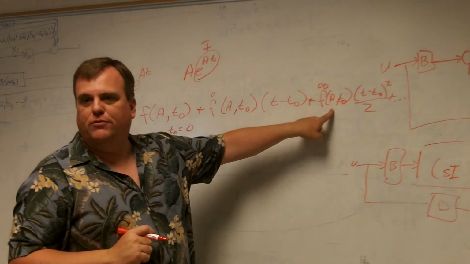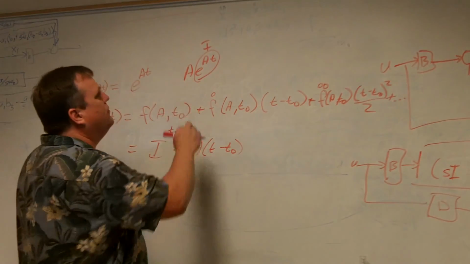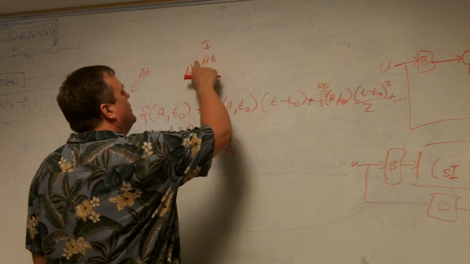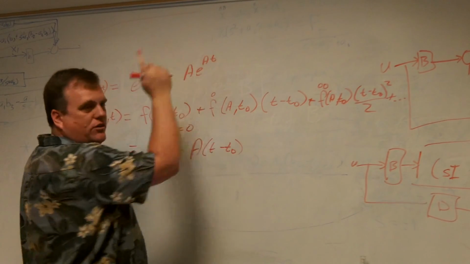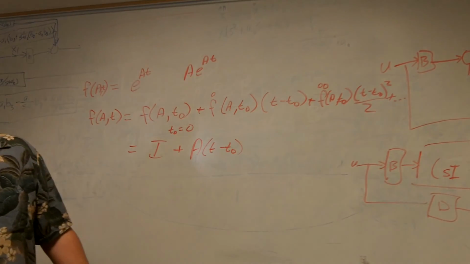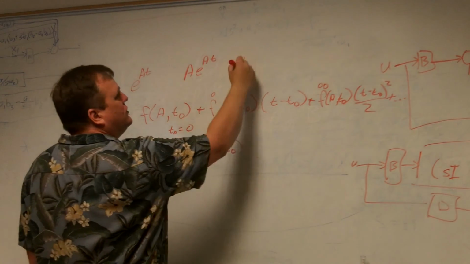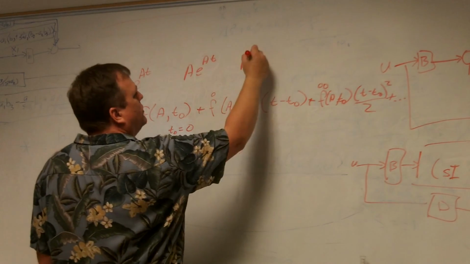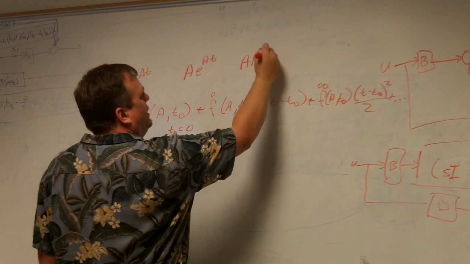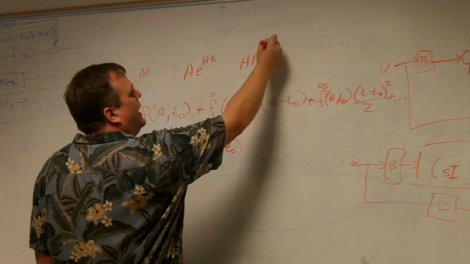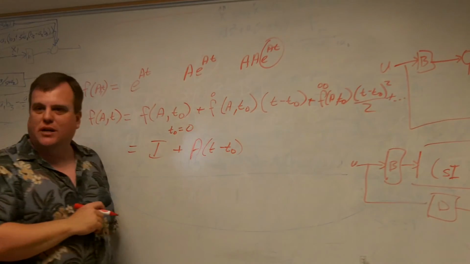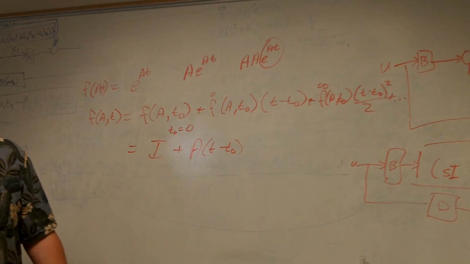For the second derivative, I have to take the derivative of this before I stick in t equals 0. I get the derivative of this one again, which means it's A times the derivative of what's inside, which is A e to the At. Then this becomes the identity when you stick t equals 0 in.